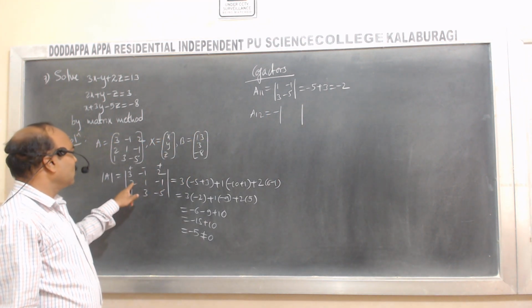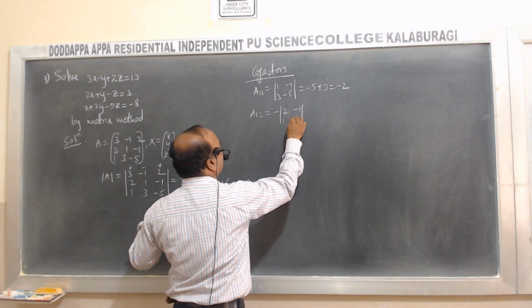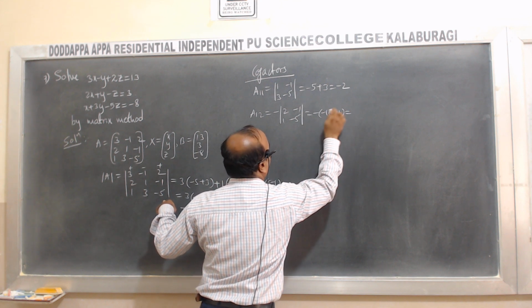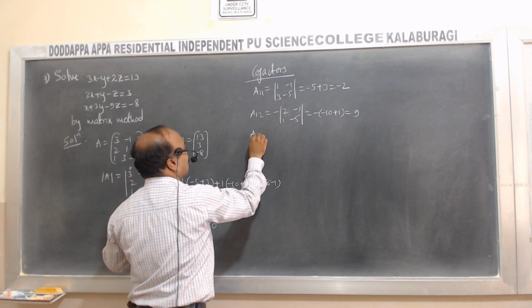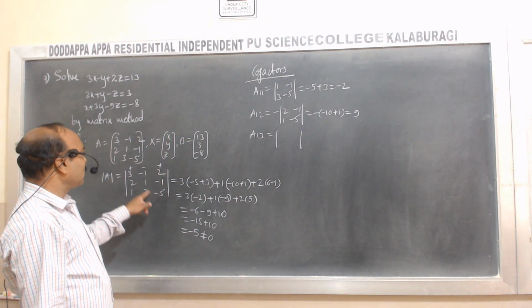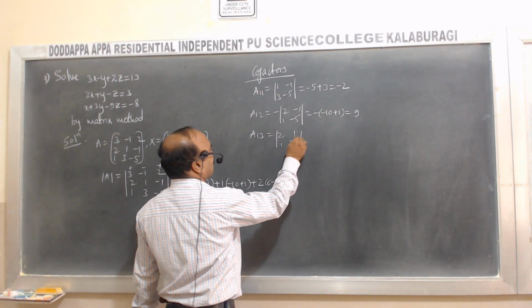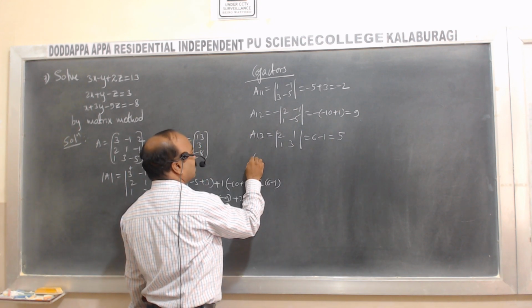Deleting this column and row you get 2 minus 1, 1 minus 5. So it is minus of (minus 10 plus 1), minus of minus 9 is plus 9. Next A13: deleting this column and row you get 2 1, 1 3. So it is 6 minus 1 equal to 5.